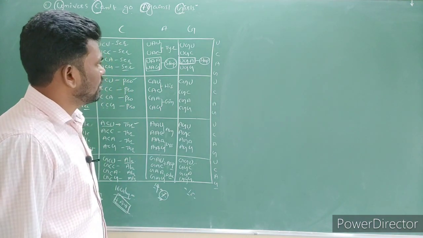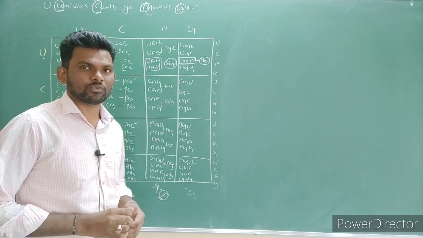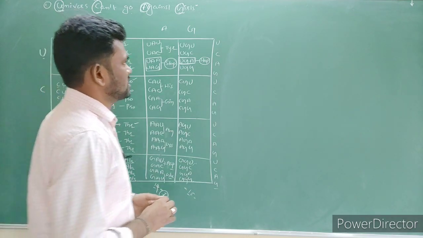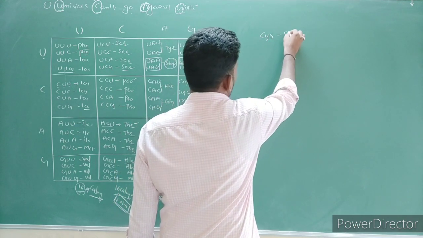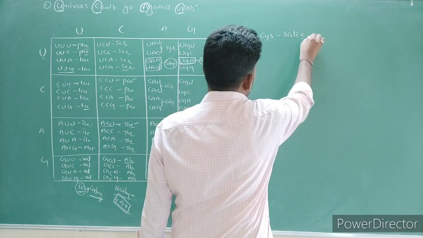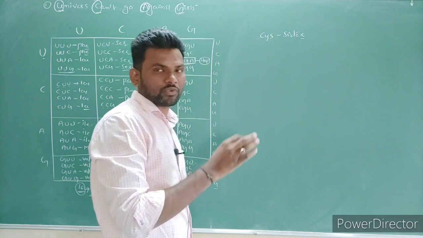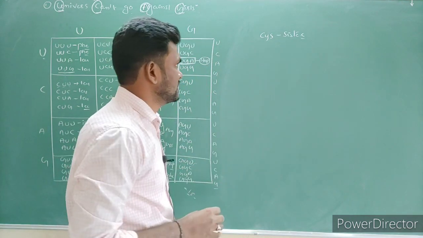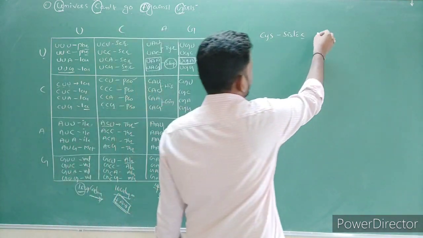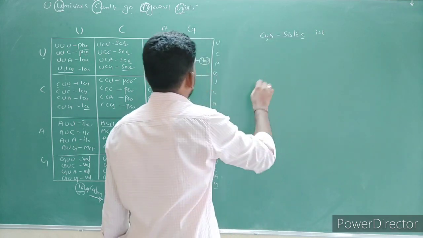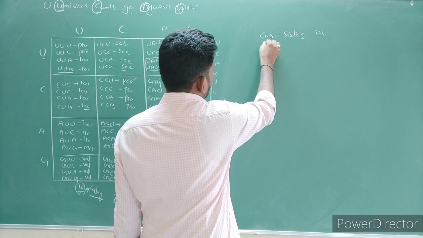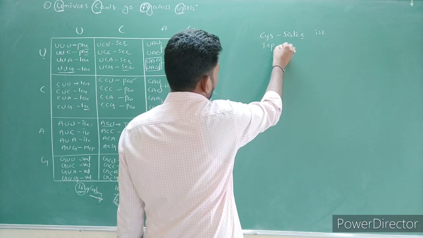Here for that also one small story. That one is sister, CYS. The pronunciation phonetics is a little bit the same, so for our convenience, we have changed. Sister is trapped, TRP.